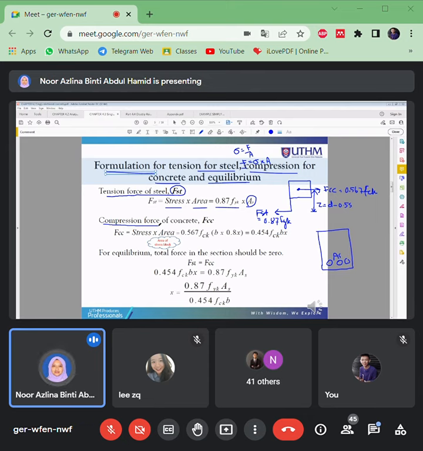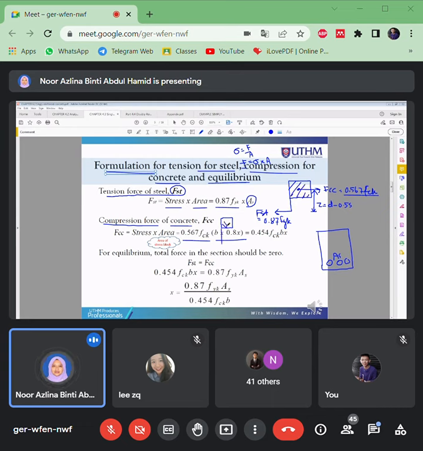For compression, same, force is equal to stress multiplied with the area. Because it is concrete, it should be the area for the concrete. So this is the stress for the concrete, which is 0.567 FCK, multiplied with the area of the concrete, which is the stress block. This is the stress block of the concrete.